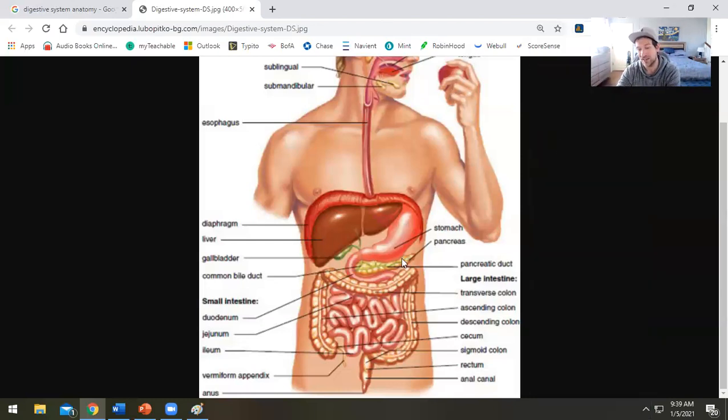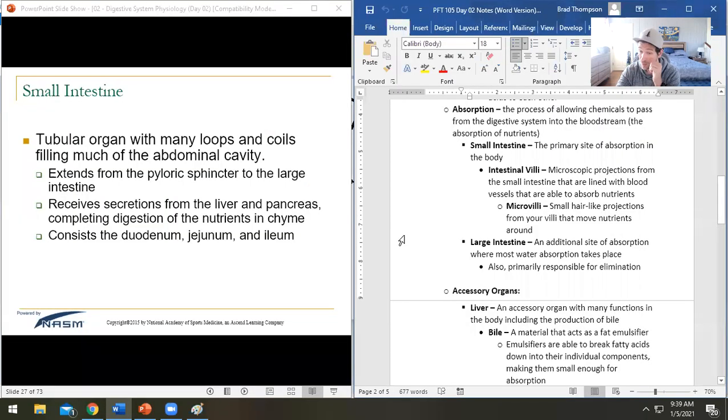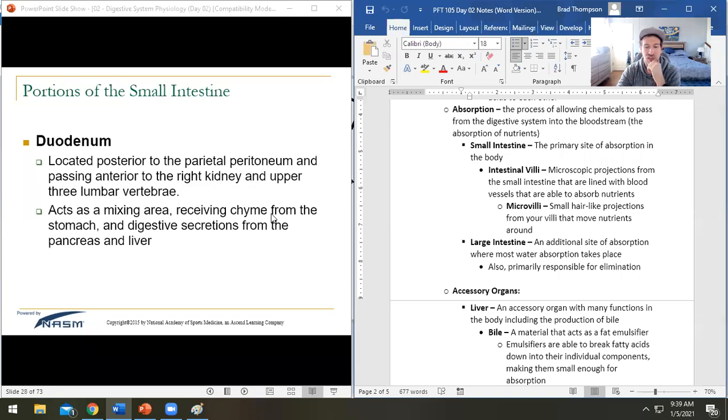Now you've also got your pancreas here, and your pancreas is going to make special enzymes that also help you further digest any carbohydrates that happen to survive your stomach. So your pancreas and your liver and your gallbladder are these little accessory organs that attach to your small intestine. So your small intestine's got these little tubes here that allow it to attach. Now, like I said, the duodenum is the first part.